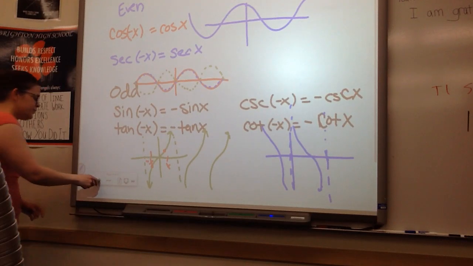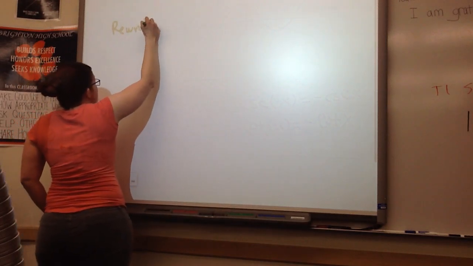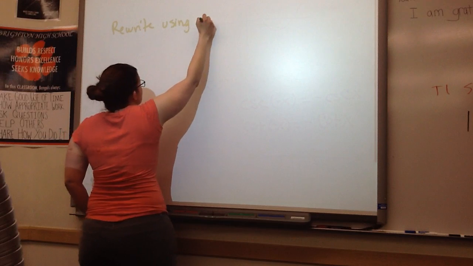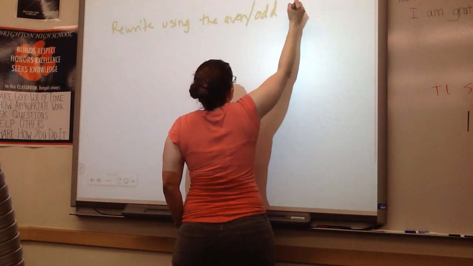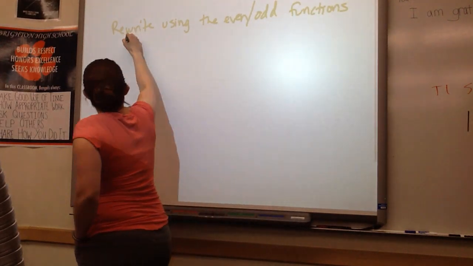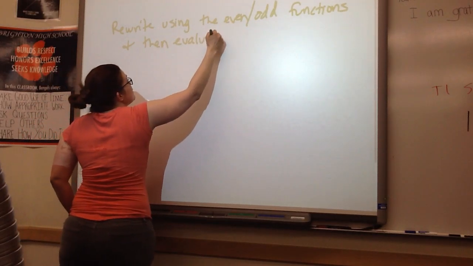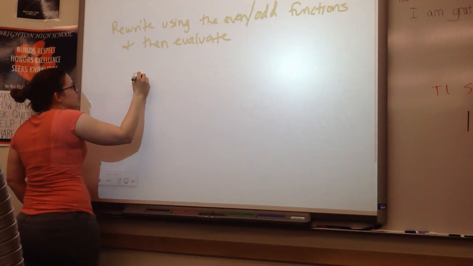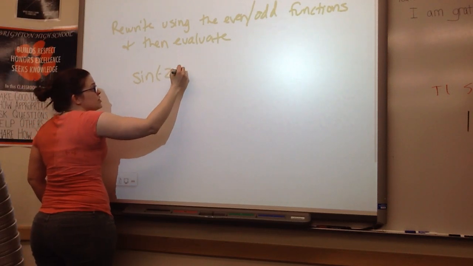So for example, if I tell you to rewrite using the even and odd functions, and then evaluate, and I give you the sine of negative 210 degrees.